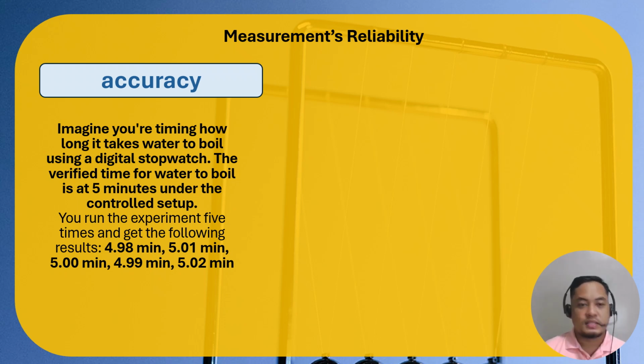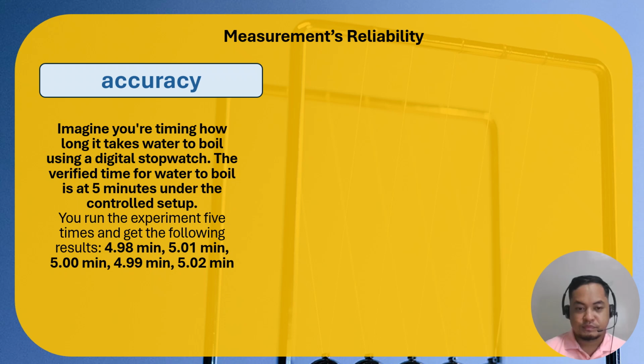You run the experiment 5 times and get the following results: 4.98 minutes, 5.01, 5 minutes, 4.99 minutes, and 5.02 minutes.